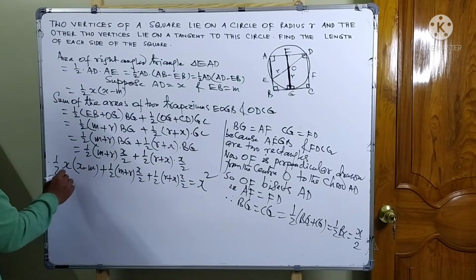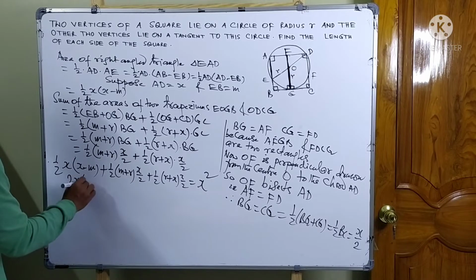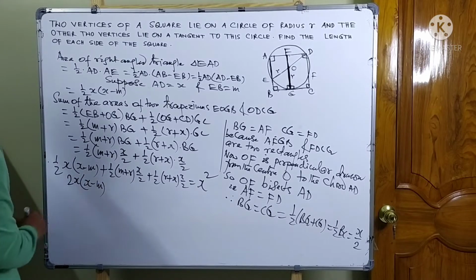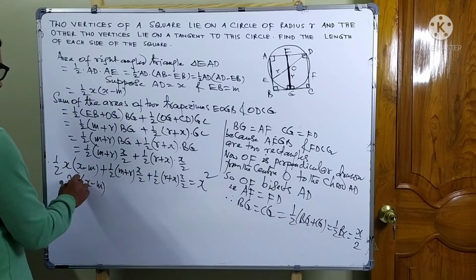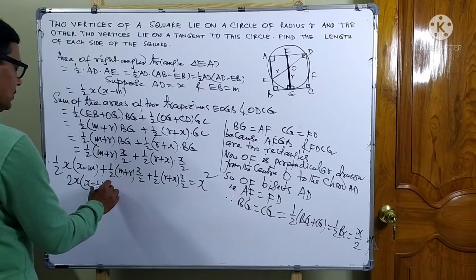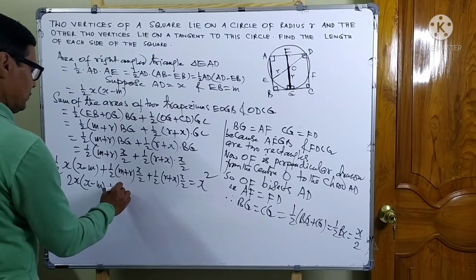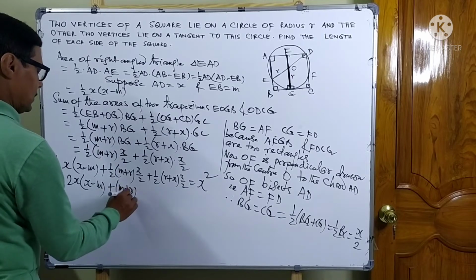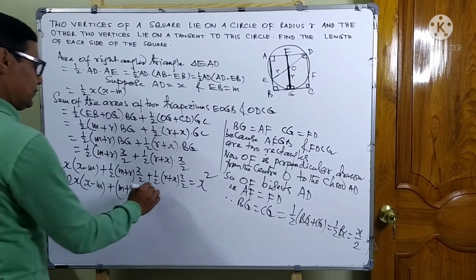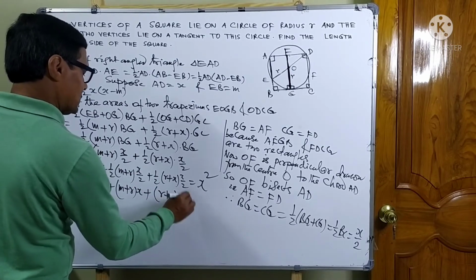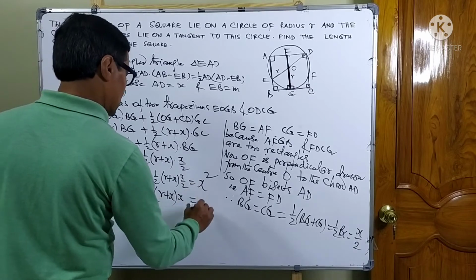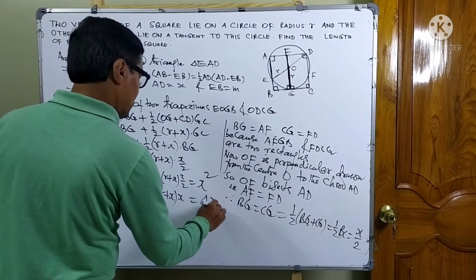So, we can multiply both sides by 4. So, this is 2x multiplied by x minus m plus m plus r x plus r plus x is equal to 4 multiplied by x square.